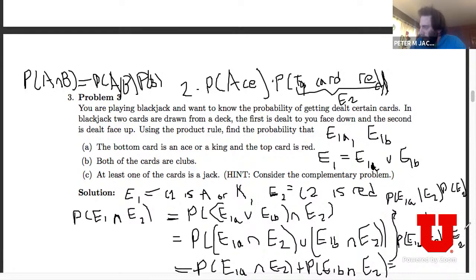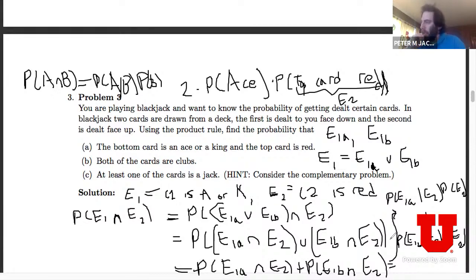Okay, now we can, oh no. Okay, I conditioned on the wrong event here.